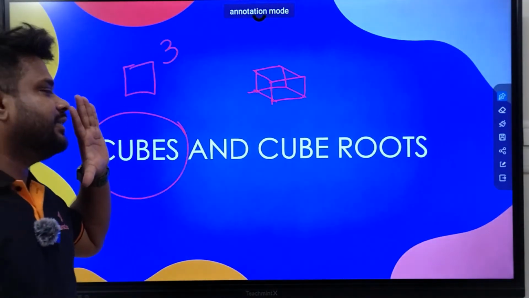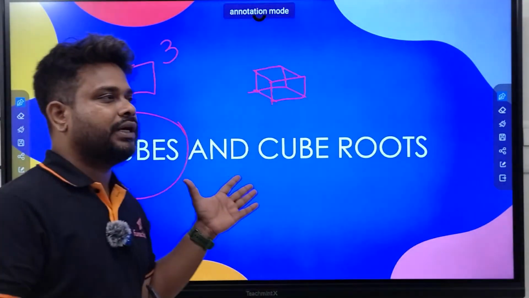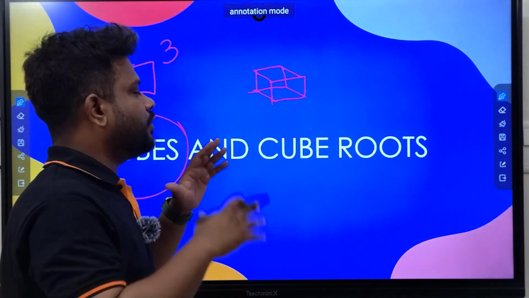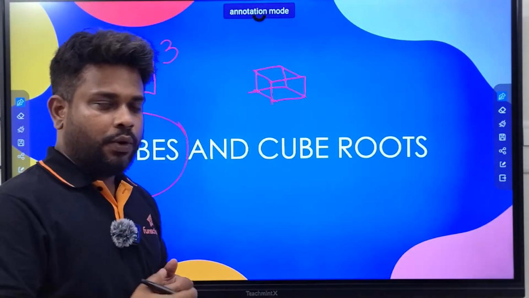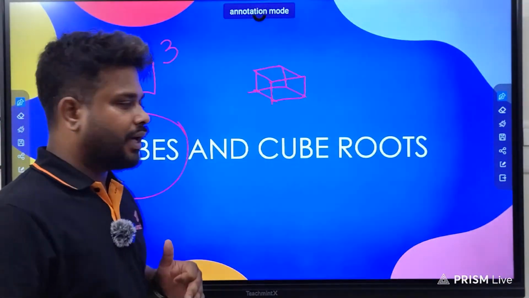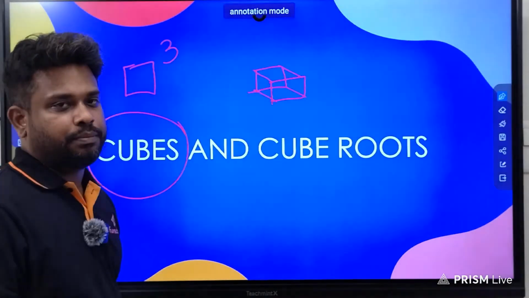Yes, in geometry a cube means something which has all the vertices and all the sides as plane, and all the sides are equal. But in normal arithmetic or algebra, cube means something which has 3 in the power.